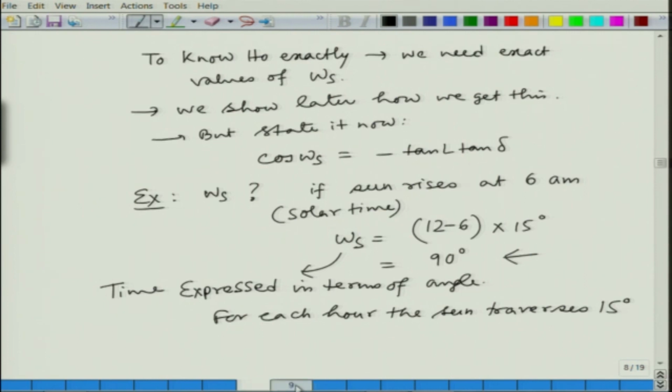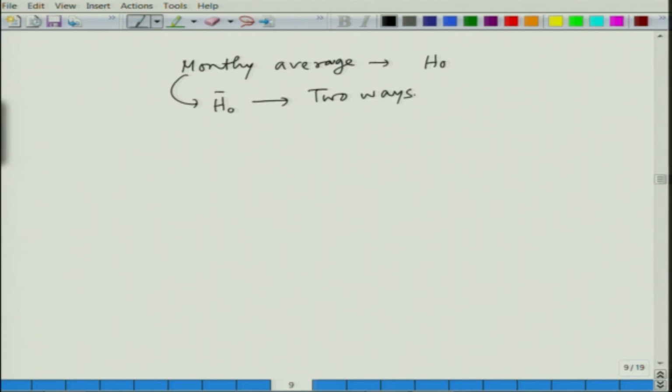Okay. Now, once we know that, then what we need to do? We need to take monthly average, right, monthly average of these H naught values. So, that is how you get this H naught bar. Now, there are two ways by which you can do this monthly averaging.